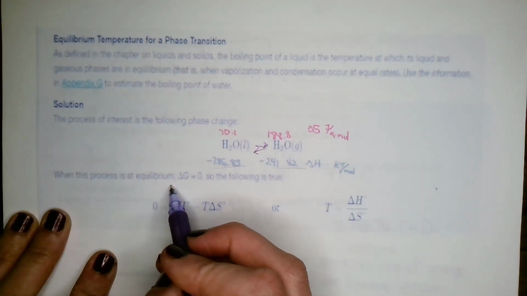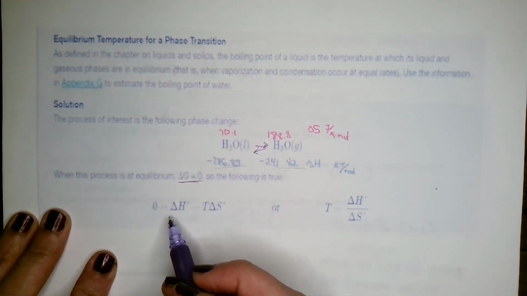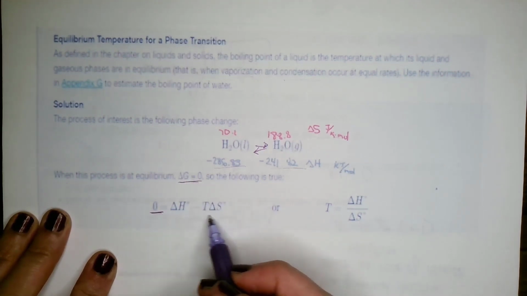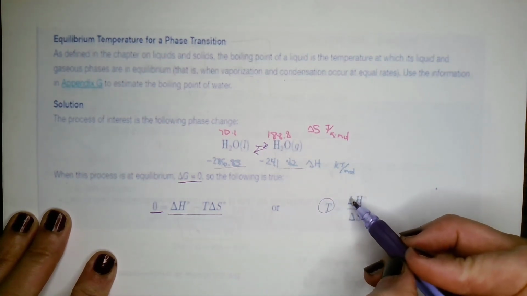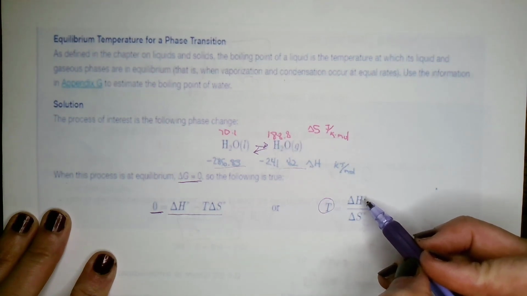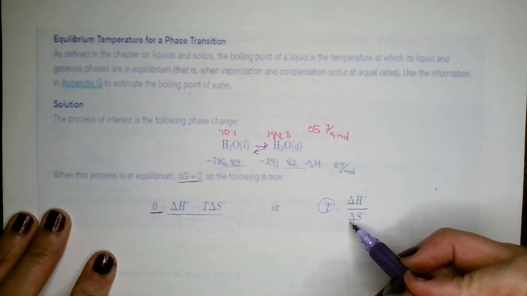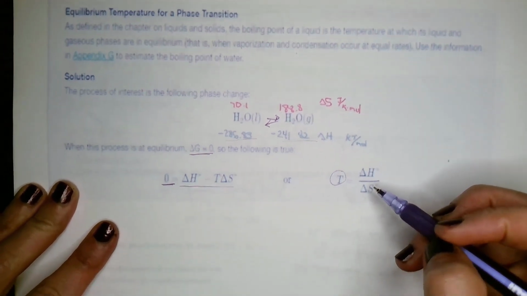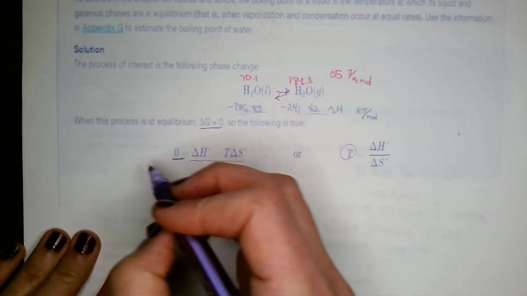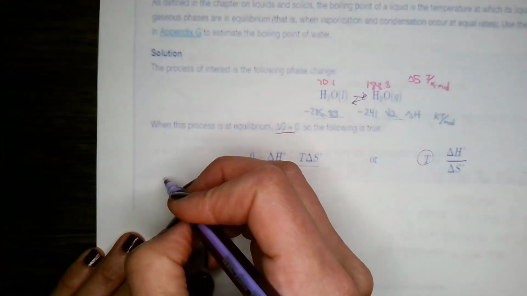Okay, so when delta G is equal to 0, we know that 0 is equal to delta H minus T delta S, and we rearrange that equation to solve for temperature. So we're going to do delta H, the enthalpy, divided by delta S, the entropy. When we set this up, we need to find delta H first.